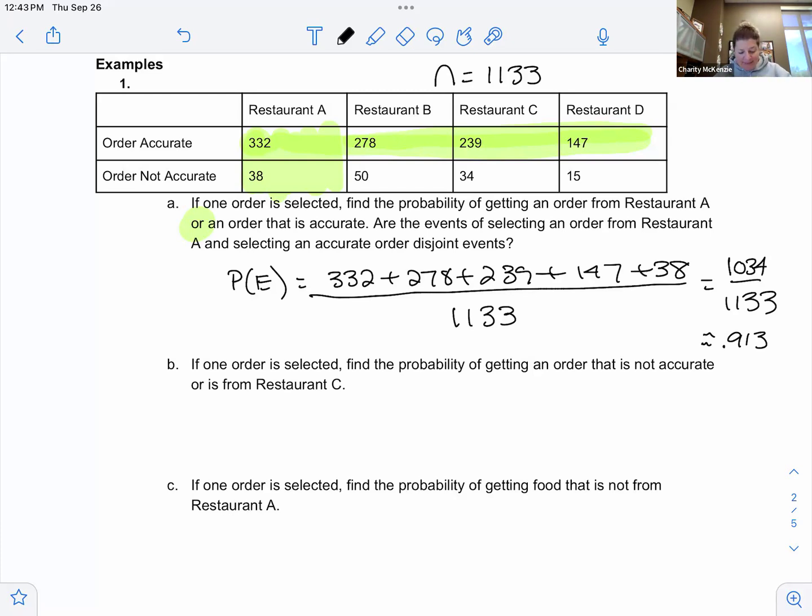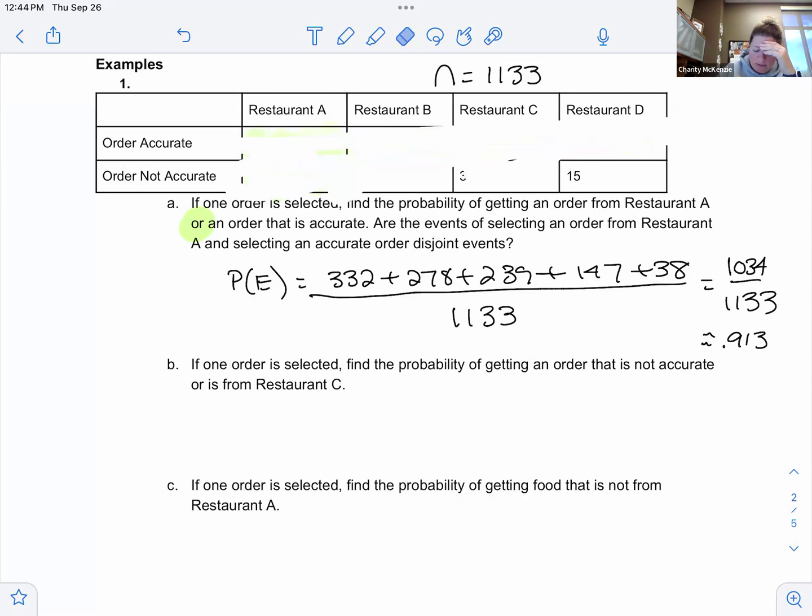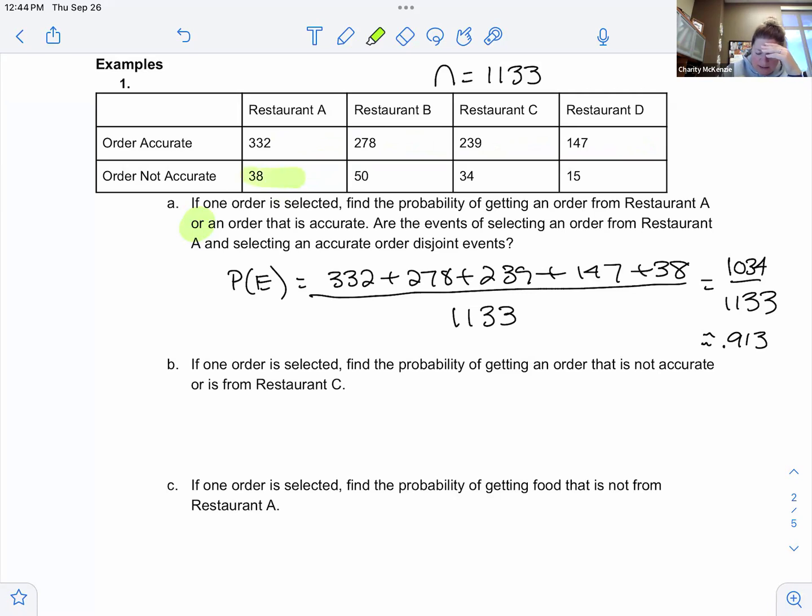Okay, part B. If one order is selected, find the probability of getting an order that's not accurate or is from restaurant C. I'm going to erase our highlighted because now we're moving on to a different one. So we want not accurate or restaurant C this time. So we'll add those all up. 239 plus 38 plus 50 plus 34 plus 15.